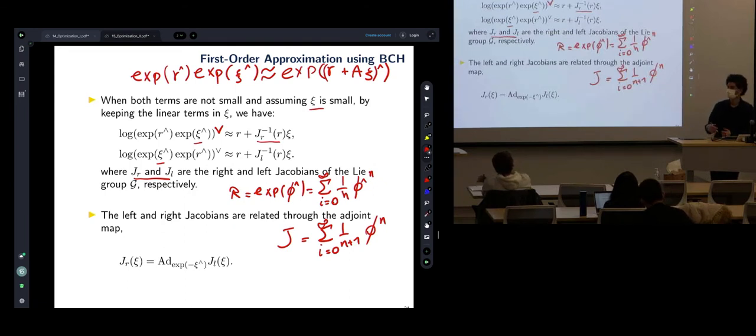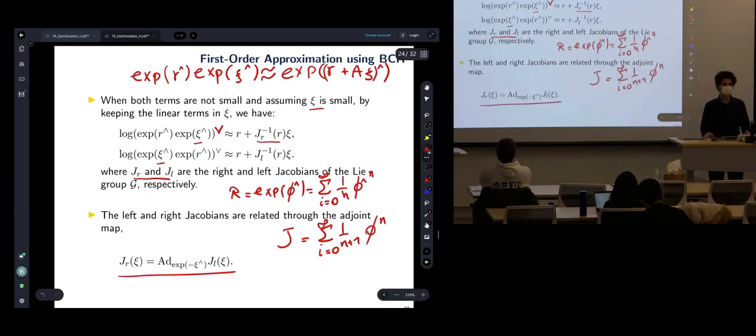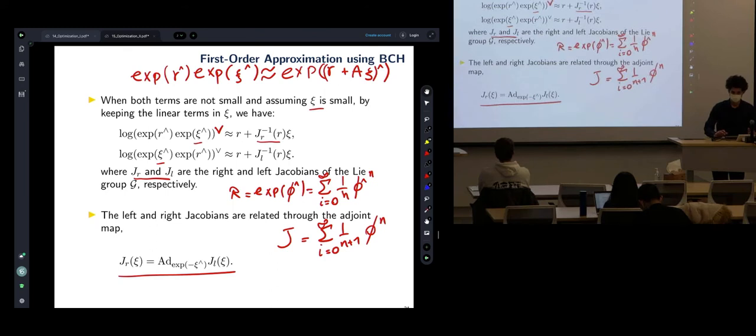Although you linearize for different problems, the Jacobian is always the same. The left and right Jacobians are related using the adjoint. If you're interested, we can follow up and look into some of the derivations, but I think for now this is enough to solve our problem.